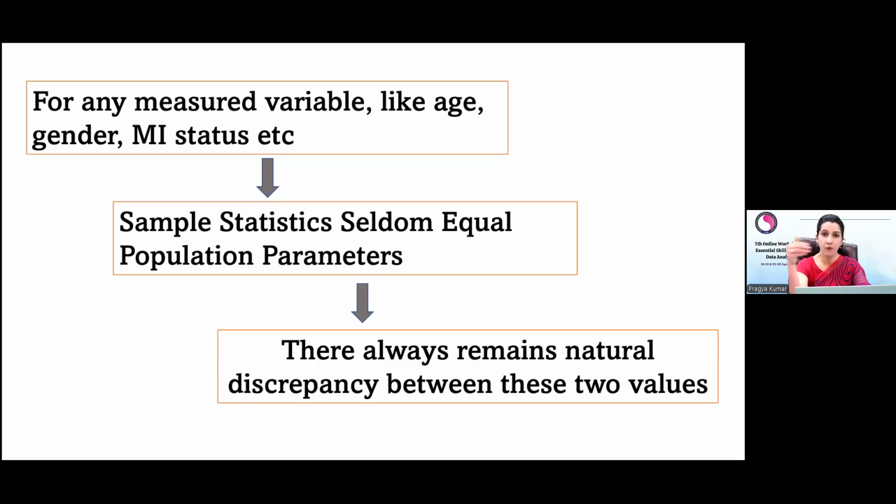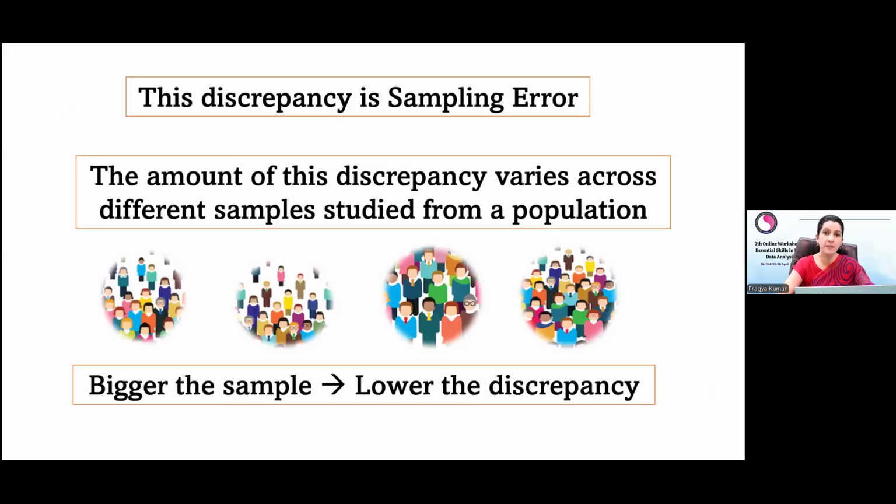There will always be some discrepancy between these two values. That discrepancy is known as the sampling error. Because you can never measure everyone, there will be some amount of error. But the bigger the sample is, the lower this discrepancy will be. That's why we always emphasize a large sample, or rather I should say an adequate sample.